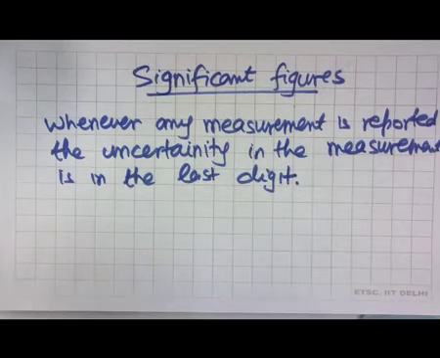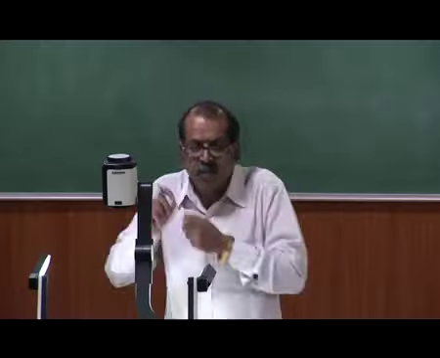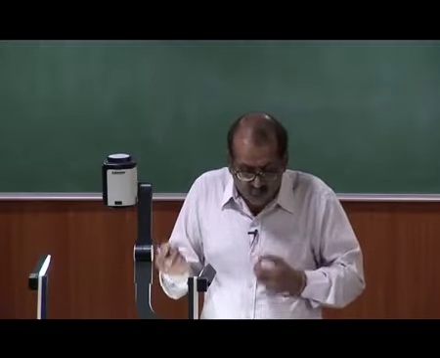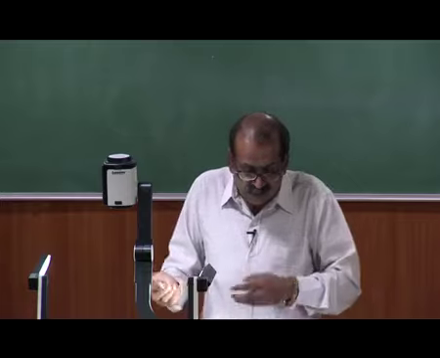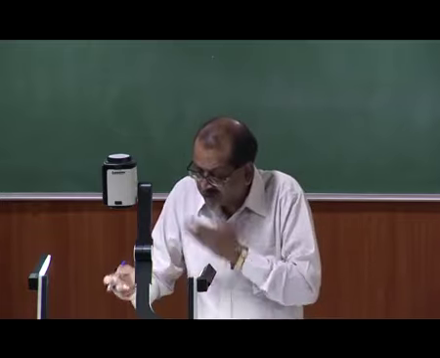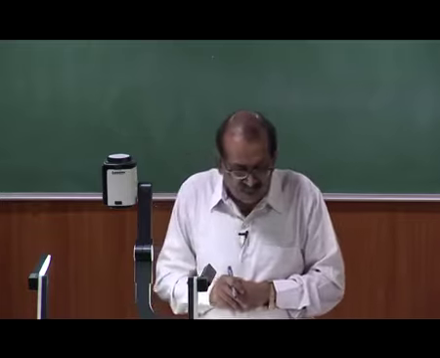The last digit could be either less or bigger by an amount of unity, and this is what we account for through significant figures.